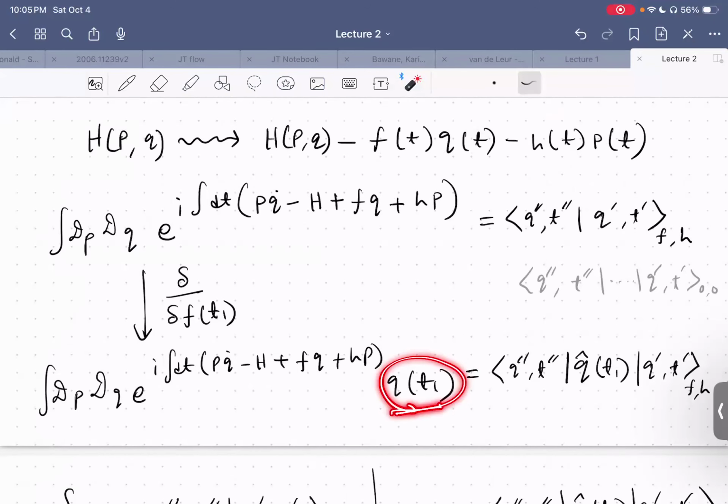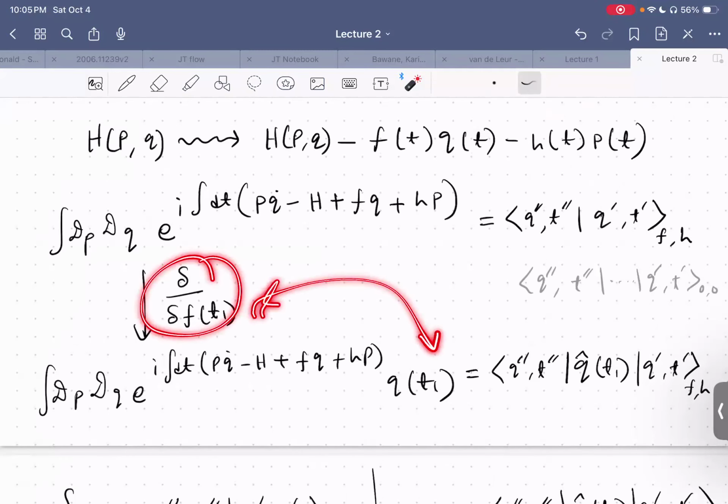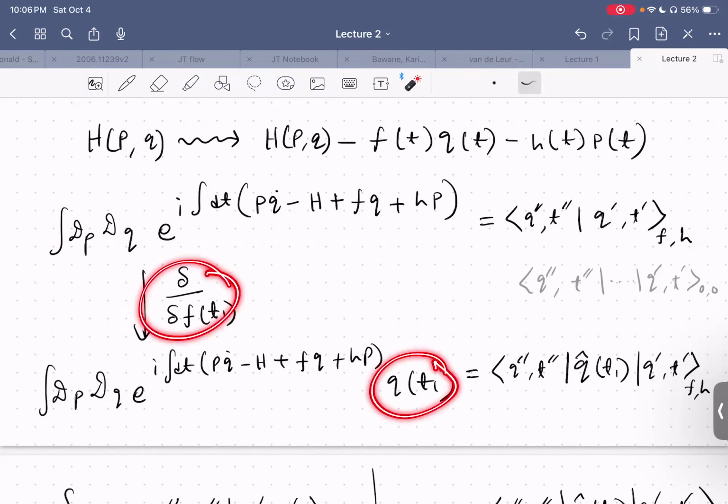So that's the main modification that we want to do. So taking a functional derivative is equivalent to inserting this function inside the integrand. So it's a total mathematical step. Well, so yeah, I'm coming to that. But first, you have to understand that this functional derivative is nothing but this insertion, right? So now you can ask why this insertion corresponds to this operator.